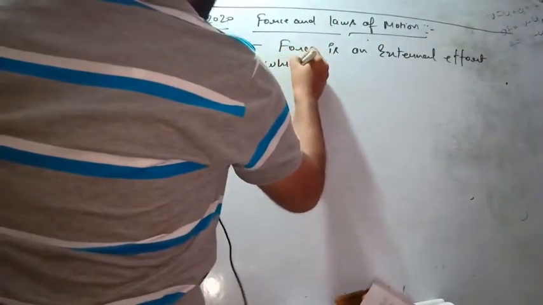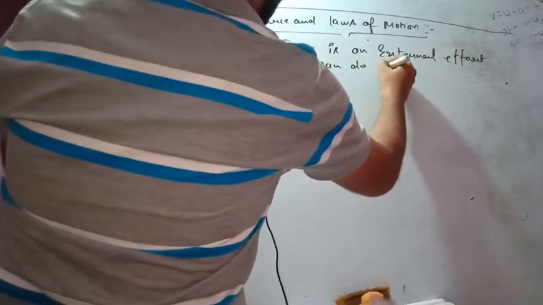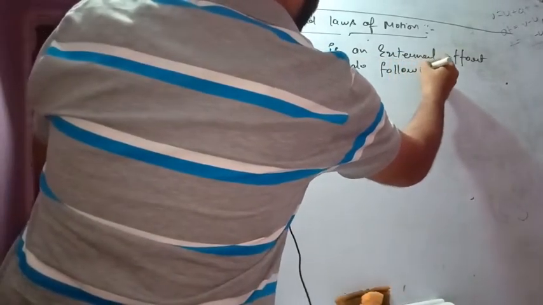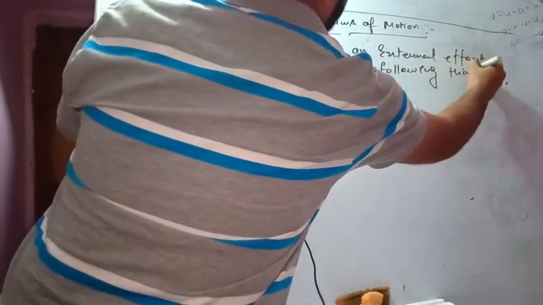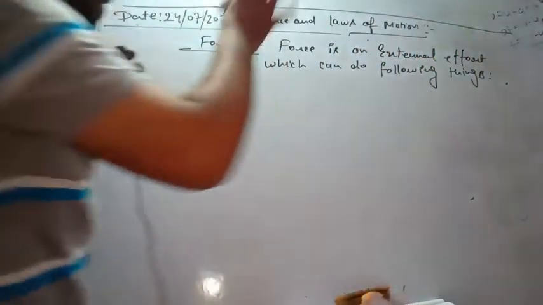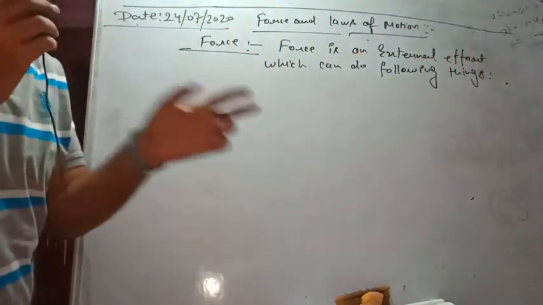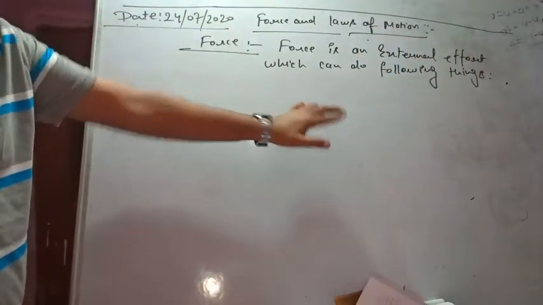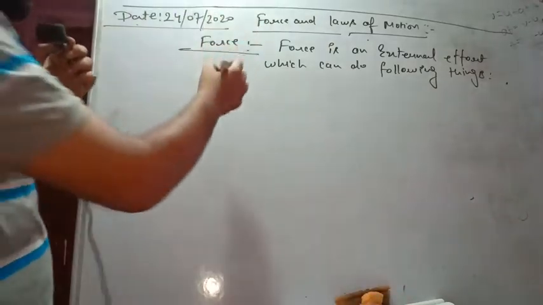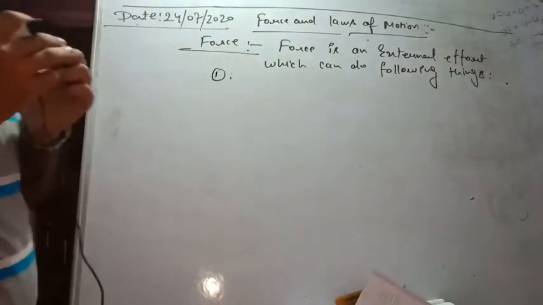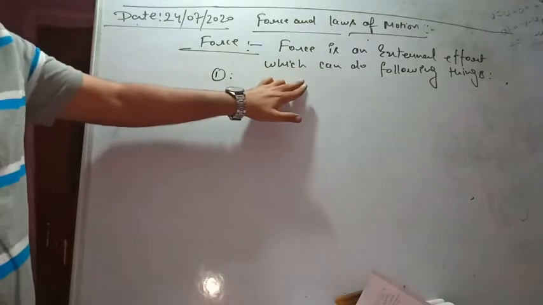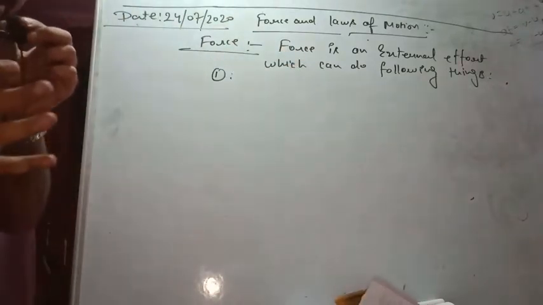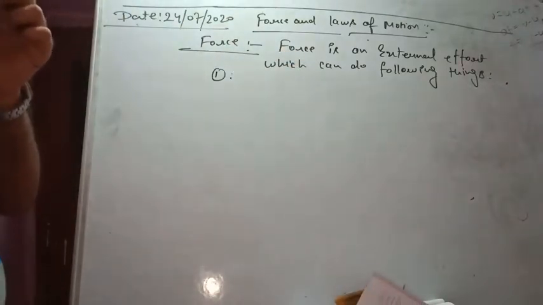which can do the following things. A few effects we will discuss which can only be created by using force. So what is the first one? The first thing which force can do is to change the position of an object.